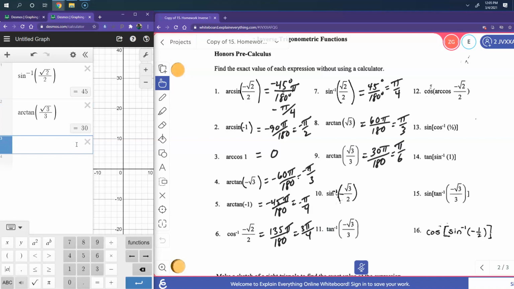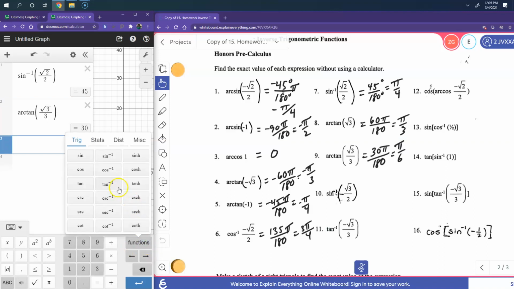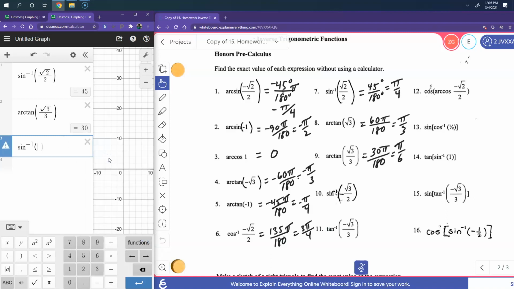Number 10, you're going to go to functions, inverse sine, and it's a negative square root of 3 divided by 2, and that gives you negative 60, which is negative pi over 3. And then you can end on number 11.